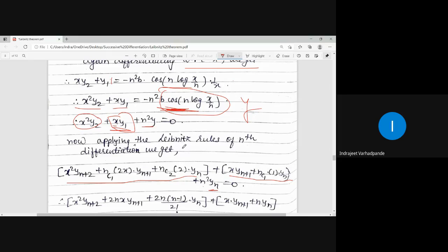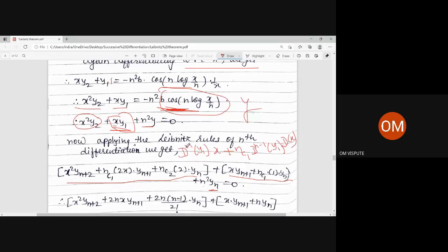Last roll numbers. d^n of y1 into x, plus nC1 d^(n-1) of y1 into dx. Can we write the step beyond this? No, because the derivative of this will become 0.